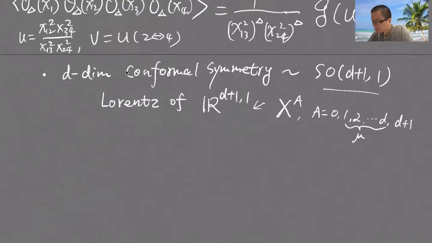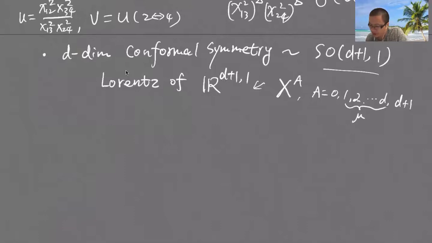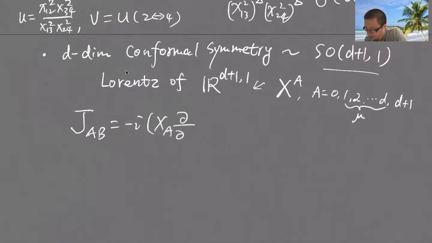So the Lorentz generator, let's say it's a rotation, let me call J. So it's J_AB, given by, say, minus i X_A ∂_B anti-symmetrized.